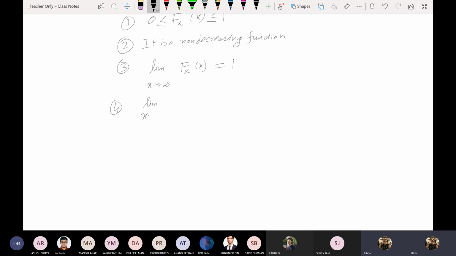Limit x tends to minus infinity F_X of x equals 0.